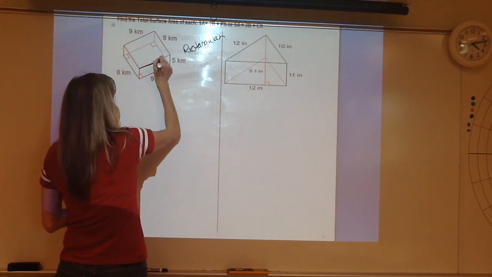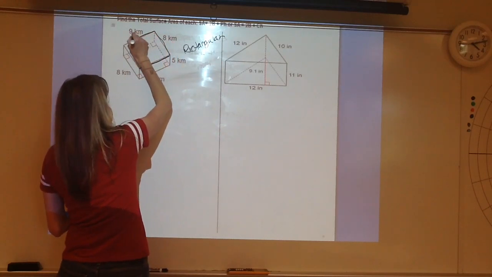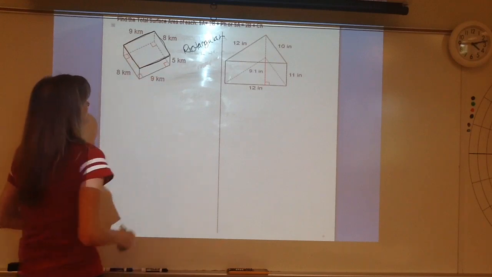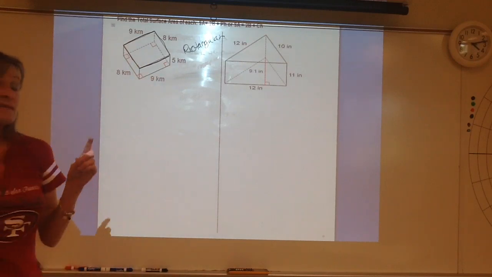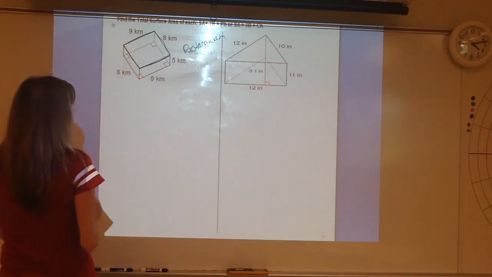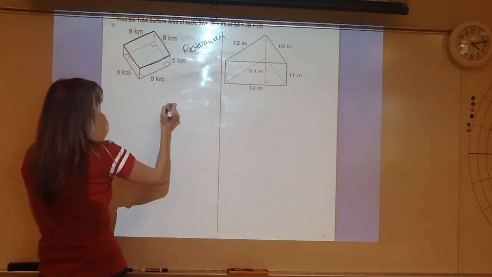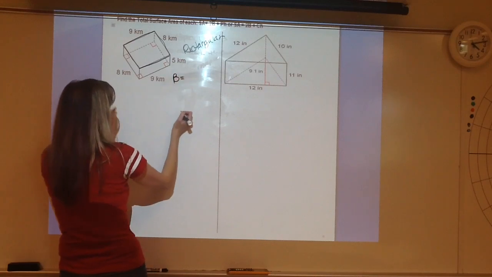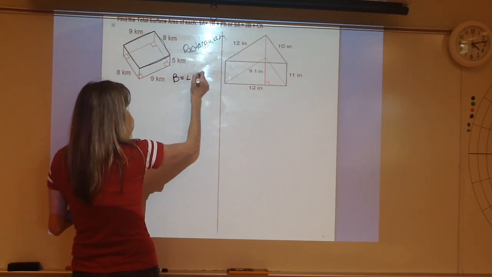By the way, here's my base. Because I'm going to be finding the area of that base and the perimeter of that base. So my base is a rectangle, and so big B is the area of that rectangle, which is length times width.